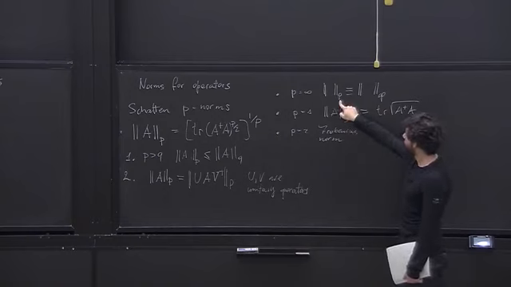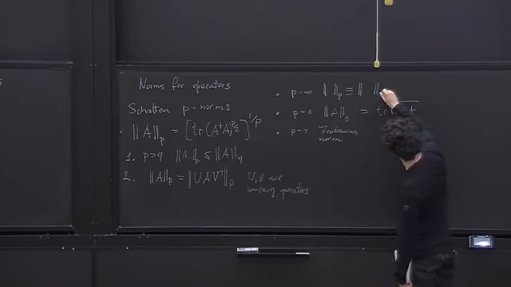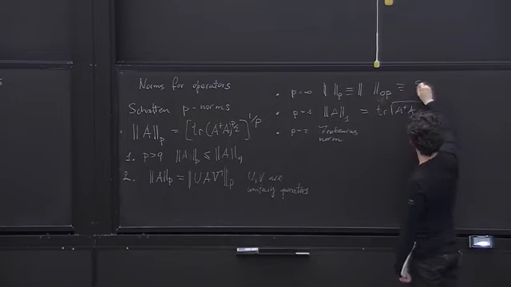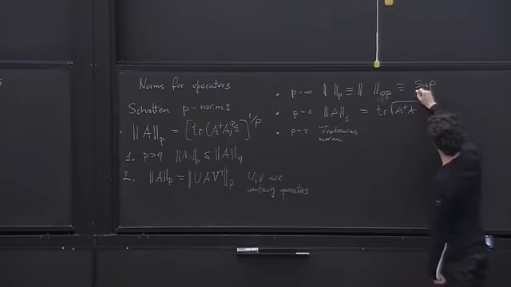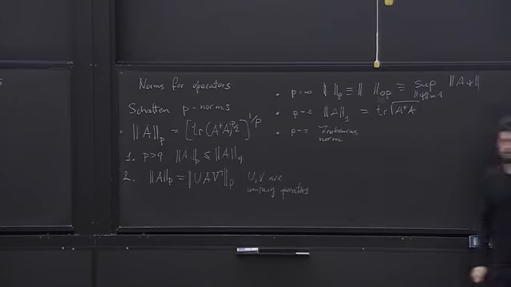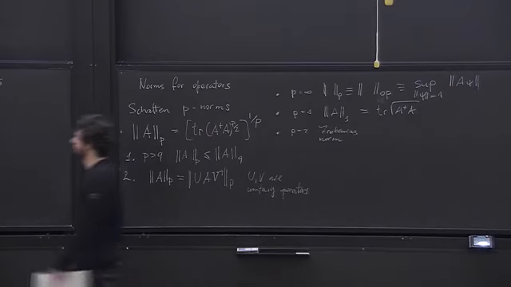So for P infinity, this becomes, maybe I didn't write well, this is the operator norm that was defined yesterday, I said the sup of these guys. Okay? So in whatever norm you use, in this case, this is max for these states.